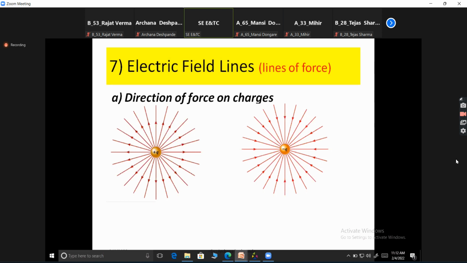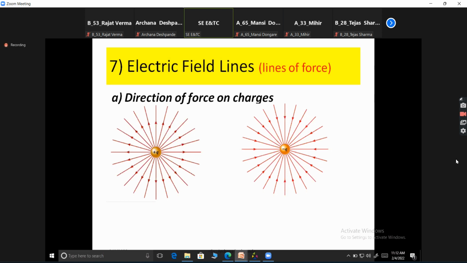So this is just for the sake of visualization. If you are coming across a situation like this, you must be able to visualize what the field of the particle will look like, and if some other particle comes, in what way the field will change its orientation, alignment or distribution in space.